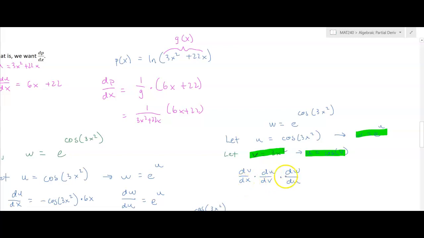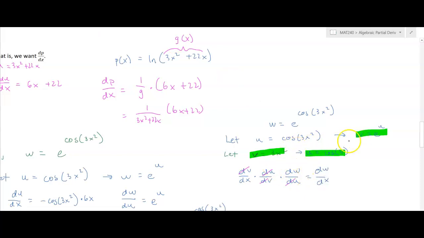And so if you look at what happens here, we ultimately wanted to compute dw dx. So let's see if we've accomplished that task by putting together these three derivatives. Well, dv cancels here and here, du cancels here and here, and what I'm left with is dw dx.